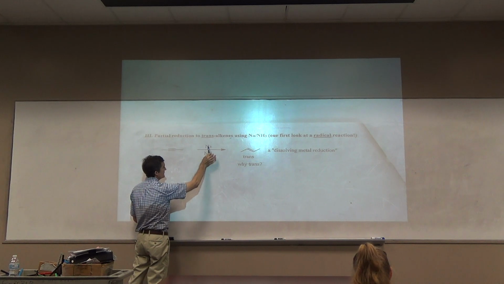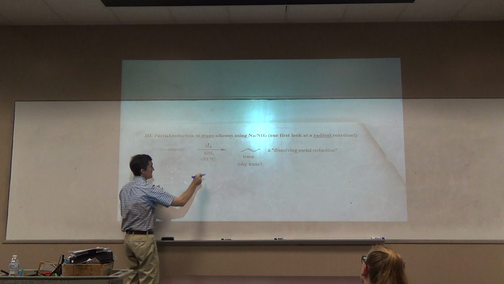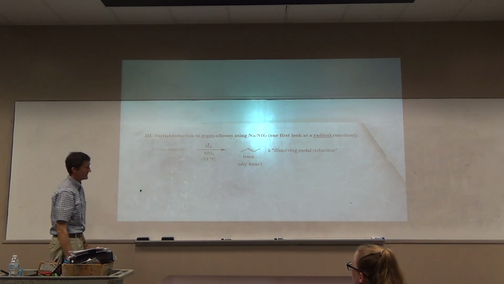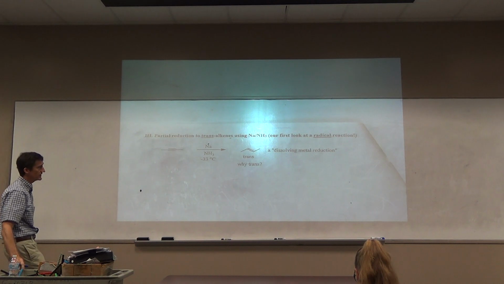It turns out that if you put sodium metal in liquid ammonia, ammonia is a gas at room temperature, but at cold temperature, -33, it will be liquid, and you can actually use liquid ammonia as your solvent. All right, got to keep it cold.